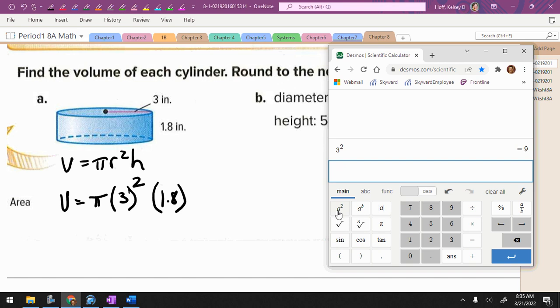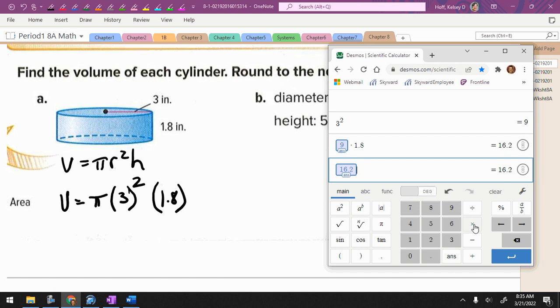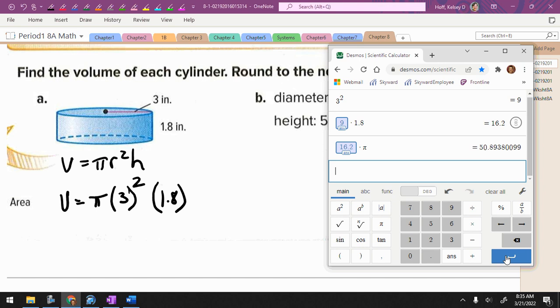Hit enter. Now what do I do? ANS, so it takes that previous answer, times 1.8. Enter. ANS times pi. Enter.